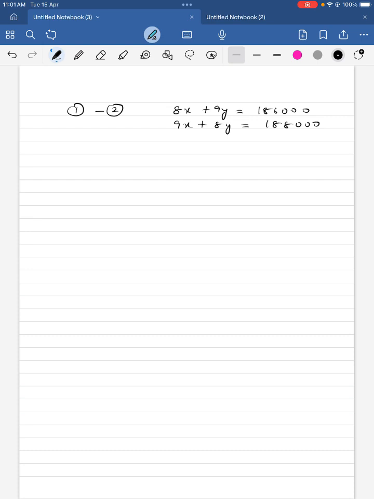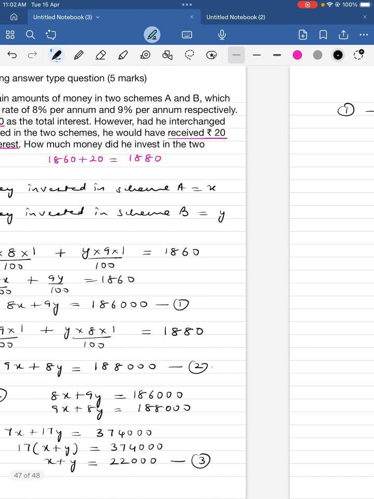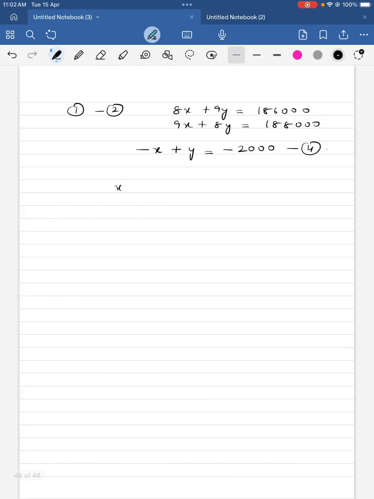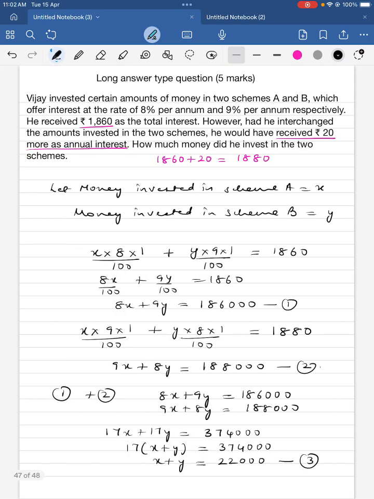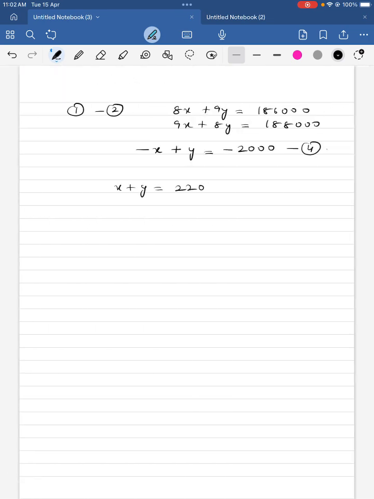Now by subtracting the two equations, I would have minus x plus y equal to minus 2,000, which is my fourth linear equation. Now I have two simpler equations, that is x plus y equal to 22,000 and minus x plus y equal to minus 2,000, which I'm going to solve using the elimination method.